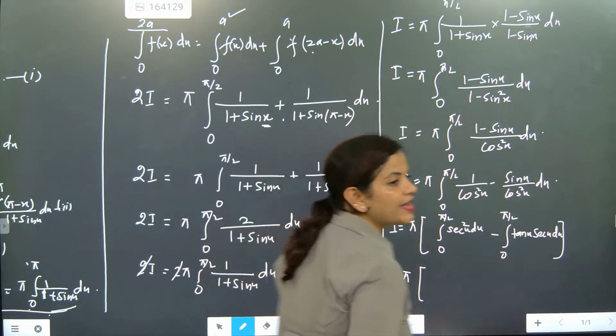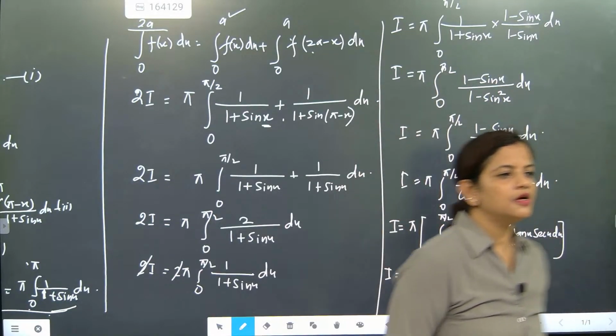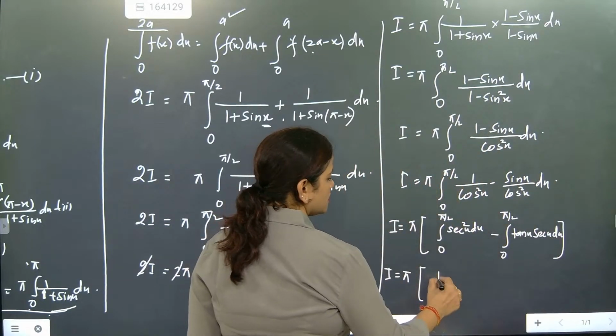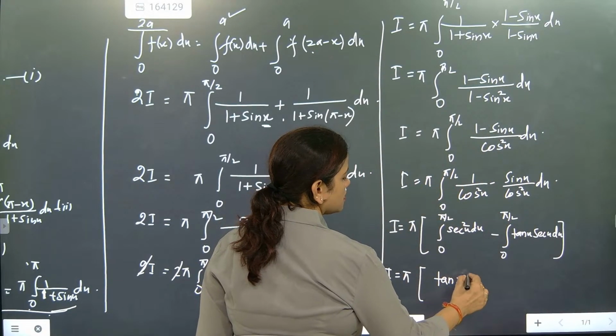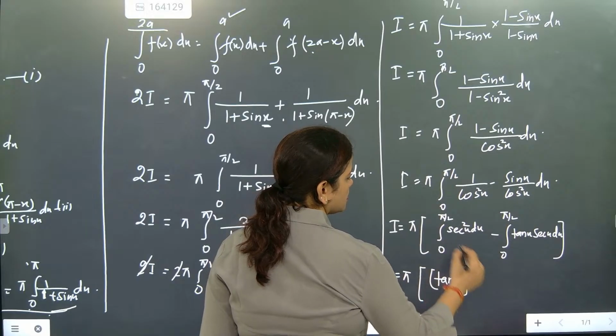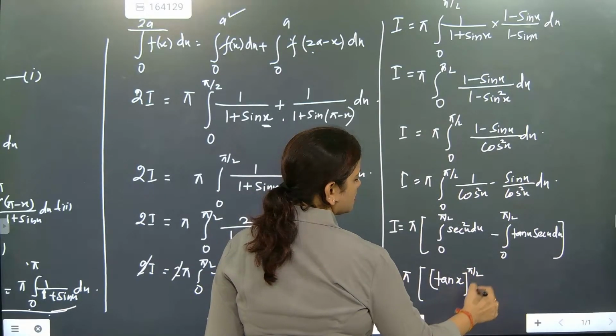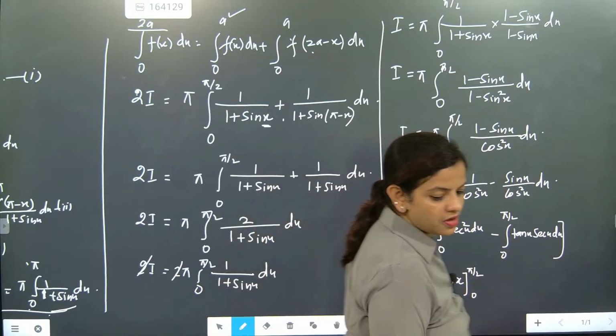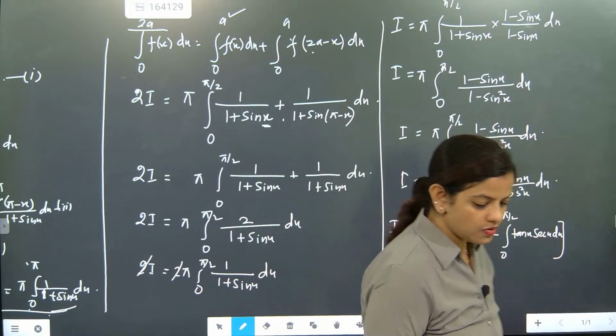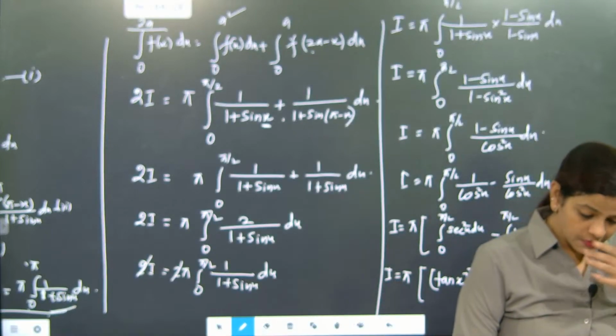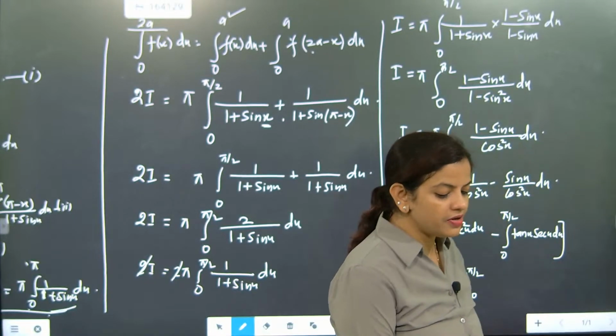Beta, secant square x will become tan x. Tan x is coming. One time check.